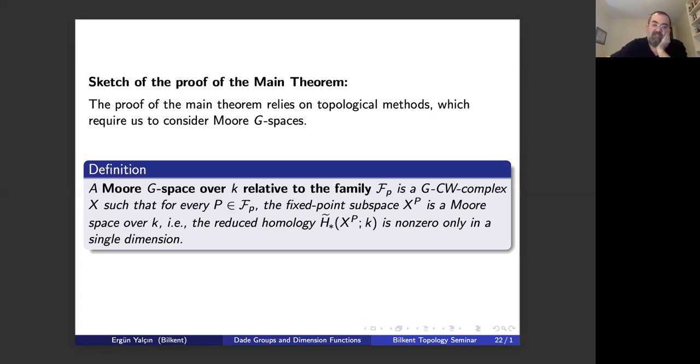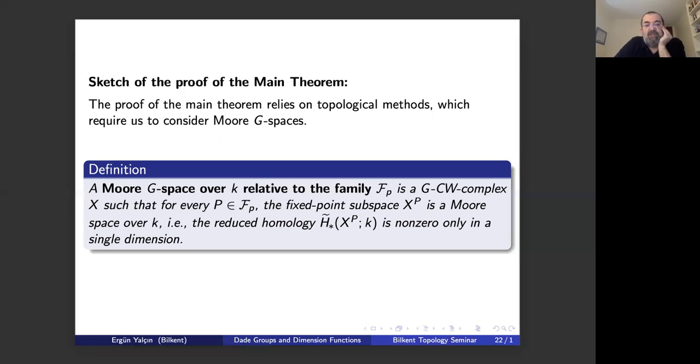This is known as the Steenrod problem, or maybe the Steenrod Moore space problem. The answer to this question, studied during the 70s and 80s, is actually no; not every KG module or ZG module is realizable as a GCW complex.